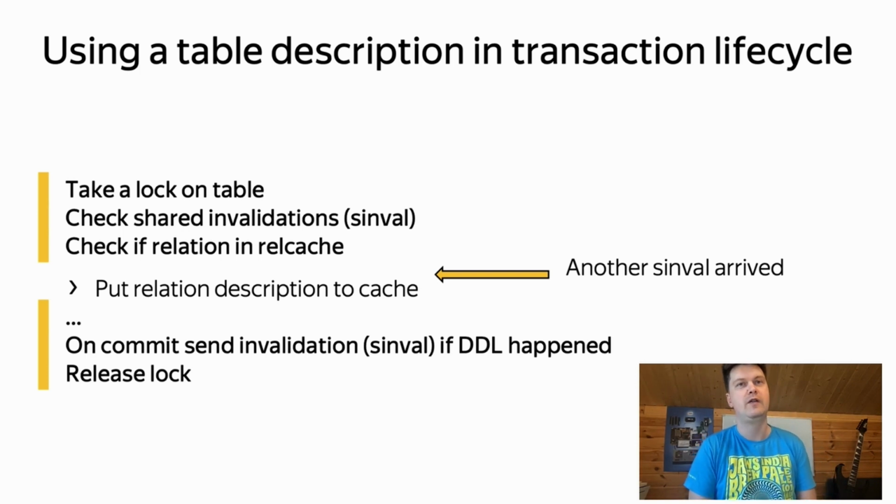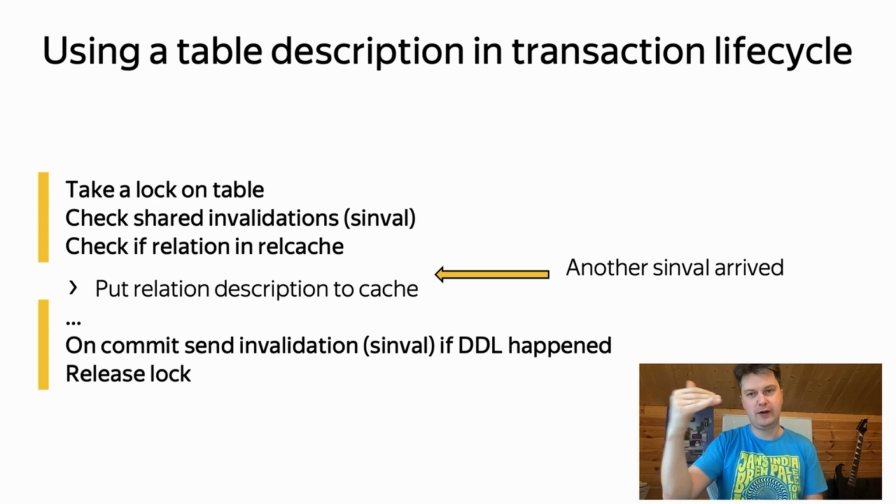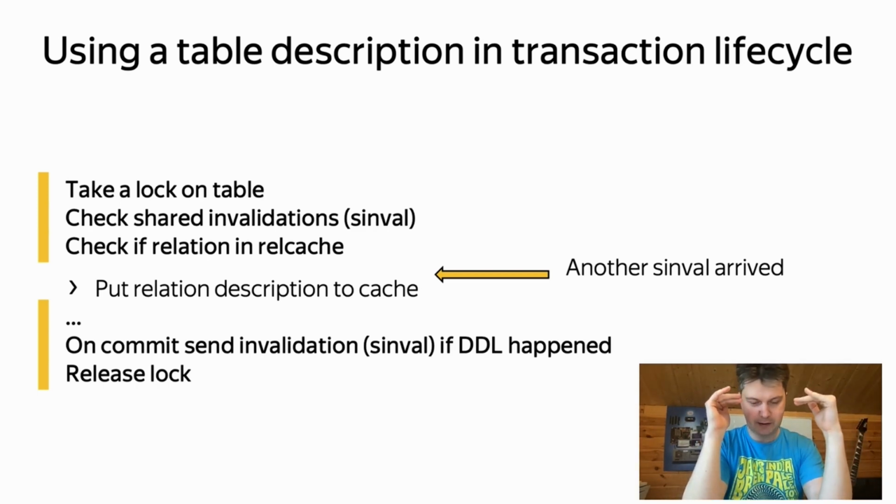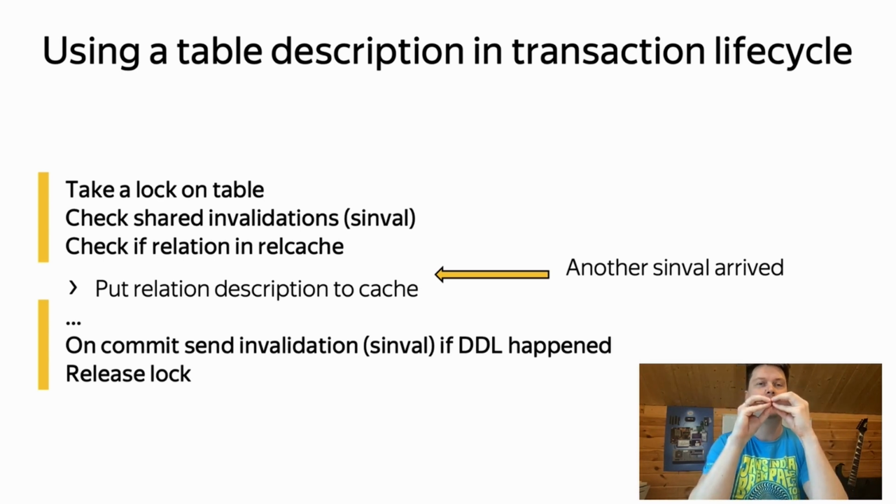race condition. In some cases, if you are creating a relation description of a table while you are already creating a relation description of another table, so if you are recursively calling relation build description, one of the shared invalidation consumption messages may consume a message of another table, and you can put a stale relation description to your cache.